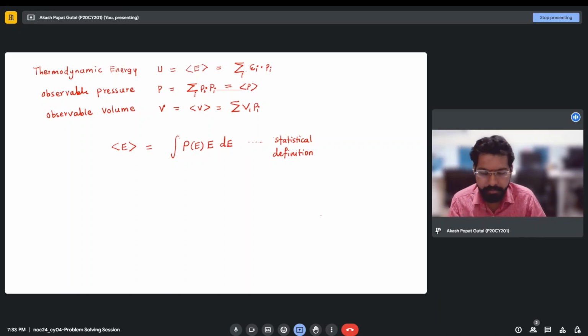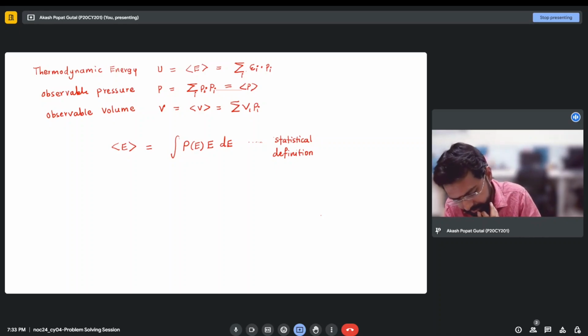And last, we have derived the translational partition function.